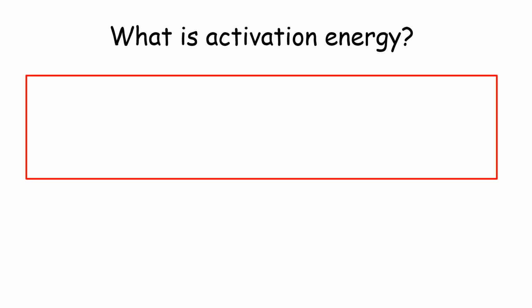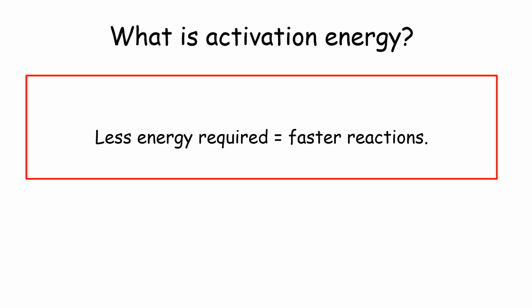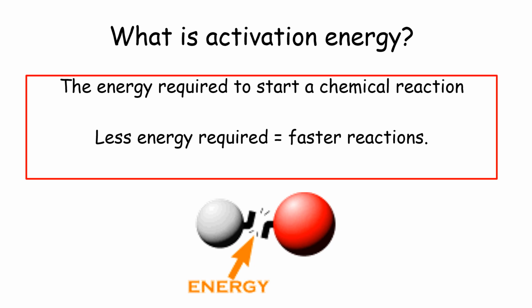Another factor that can affect enzyme activity is activation energy. Now, all you really need to know is what is activation energy, and it is the energy required to start a chemical reaction. The less energy required to do this will in turn mean you have faster reactions.